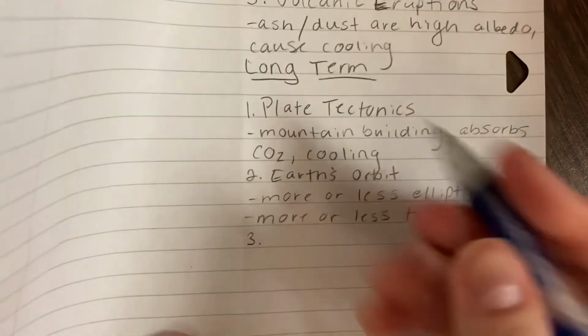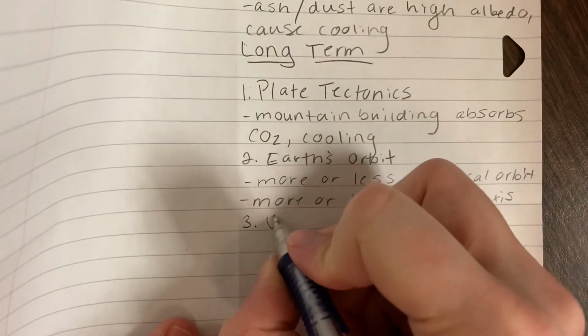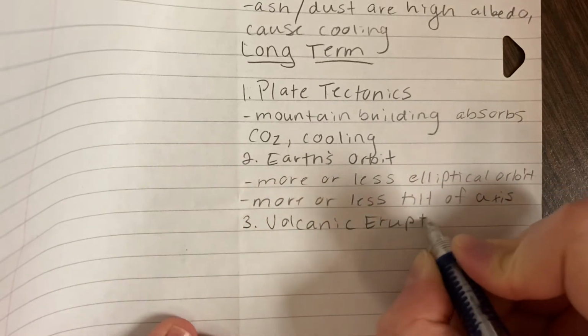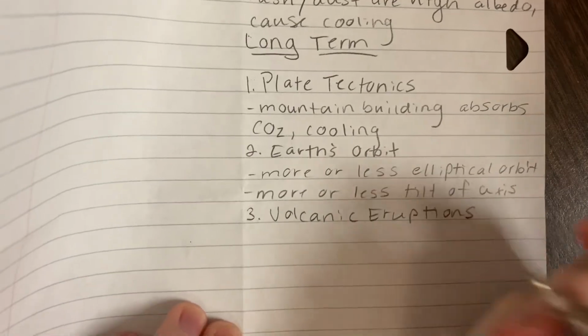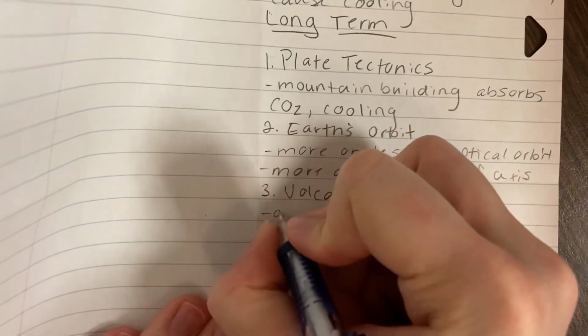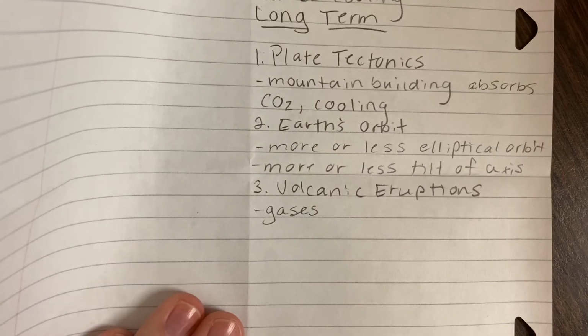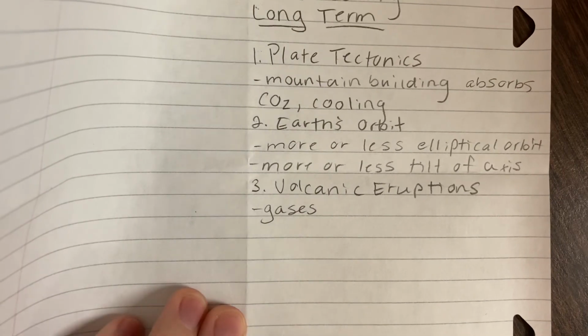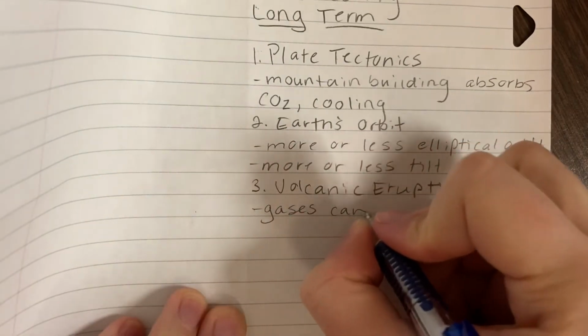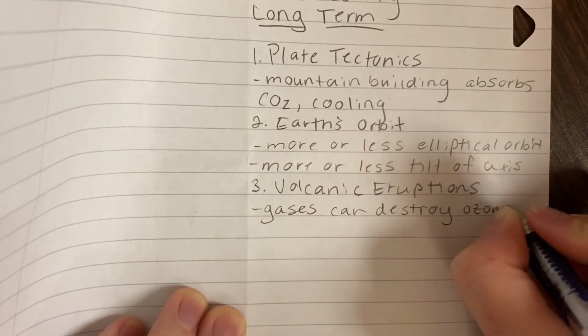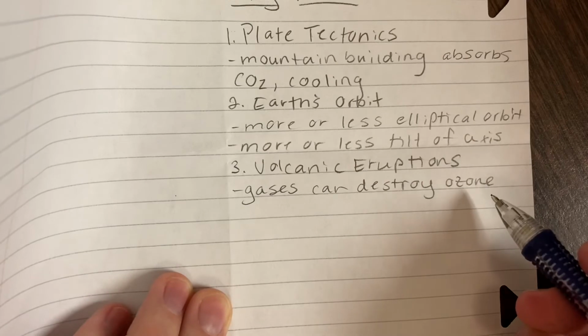And so now here we'll have our long term for our volcanic eruptions. The gases, especially sulfur dioxide gases that come out of volcanoes when they erupt, can destroy the ozone layer. And we know that the ozone layer blocks out a lot of solar radiation.